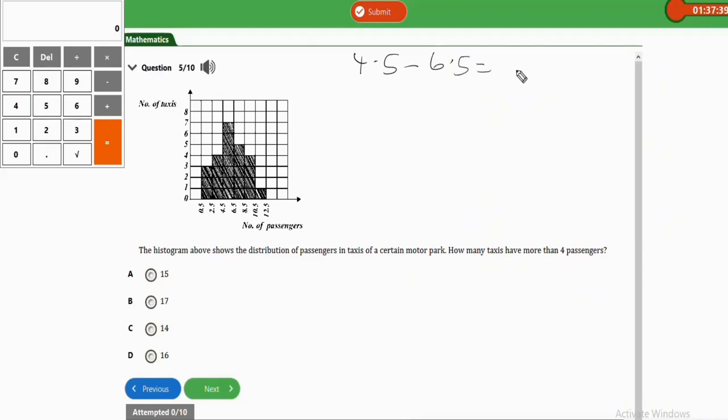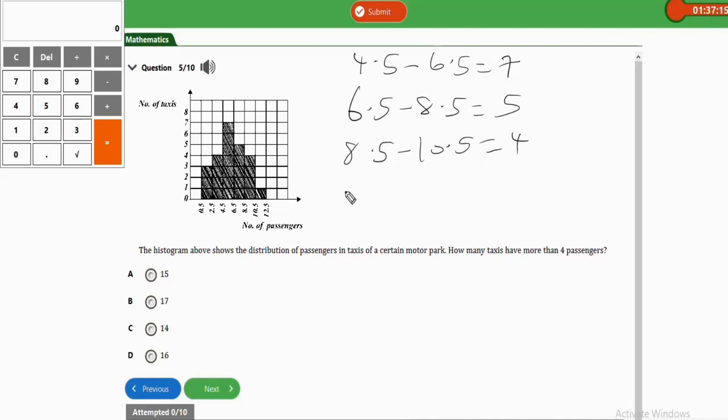We have it to be, when you trace it, 7. Then 6.5 to 8.5 passengers. When you trace it, you have it to be 5. Then we have 8.5 passengers to 10.5 passengers. When you trace it, you have it to be 4.